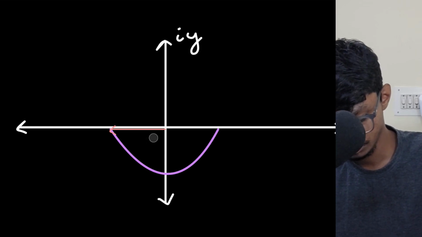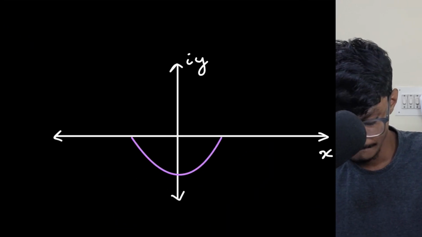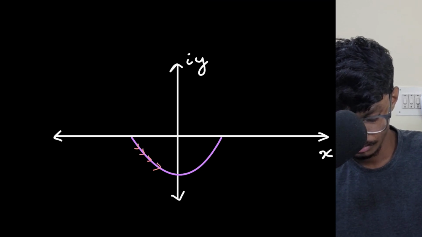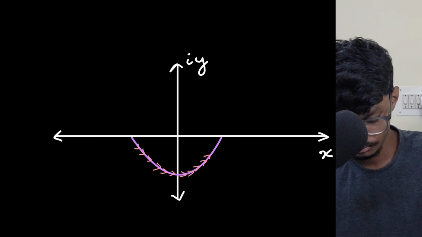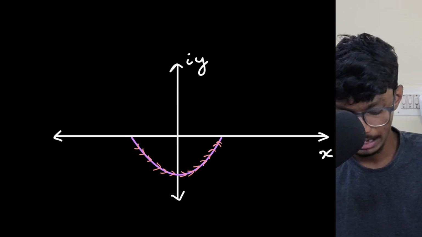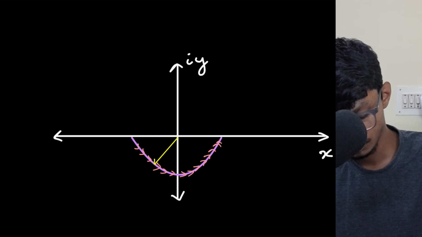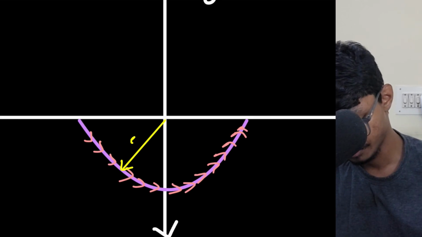I'll just try to write this. Okay, so I'm going from minus pi to 0, and the distance from the origin is always constant, which is 5 units.